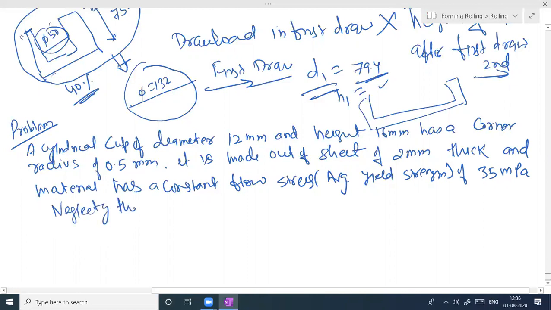Neglecting the corner radius, first, the diameter of the blank.